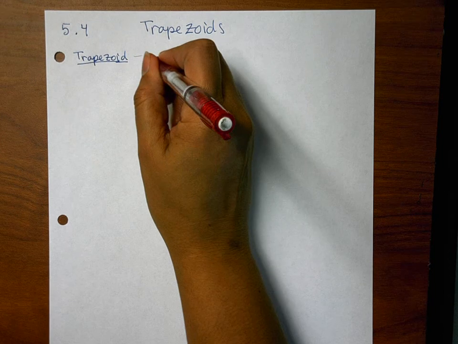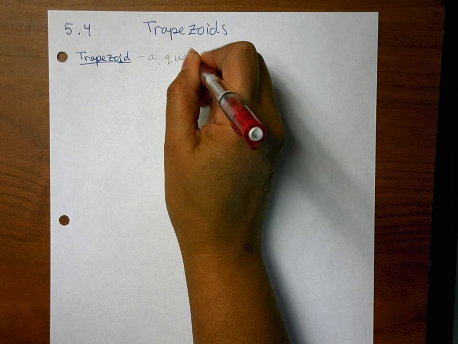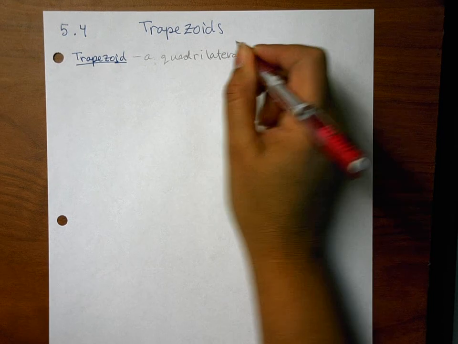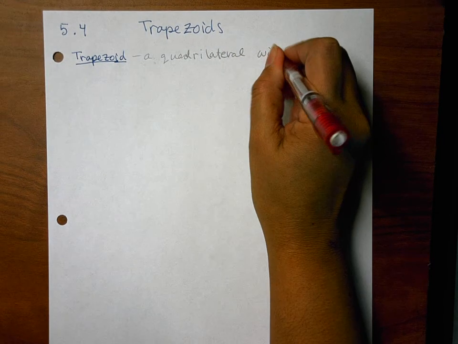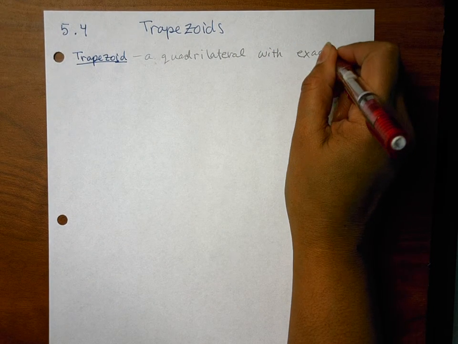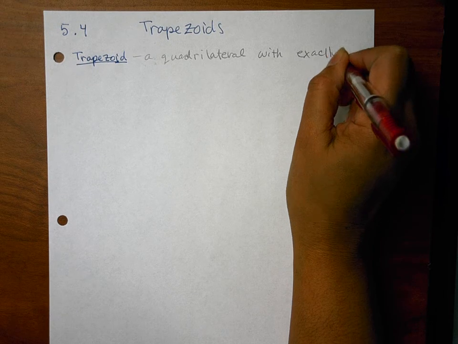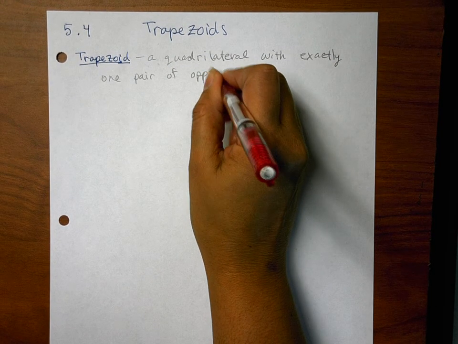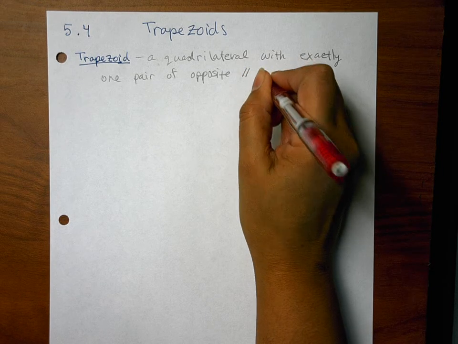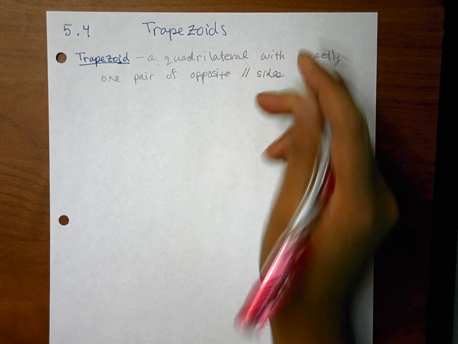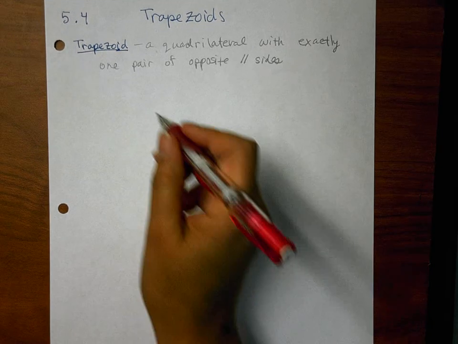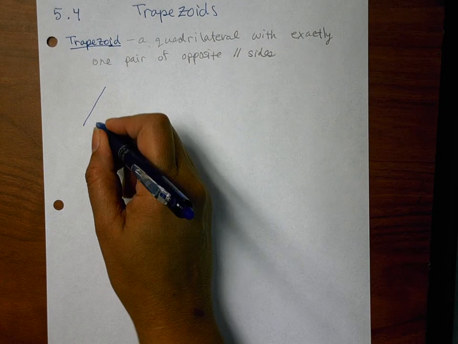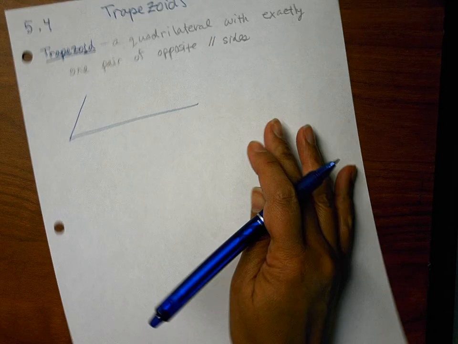A trapezoid is a quadrilateral, a four-sided polygon, with exactly one pair of opposite parallel sides. Okay, so we're going to draw one.